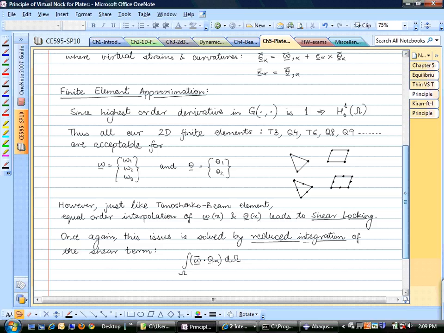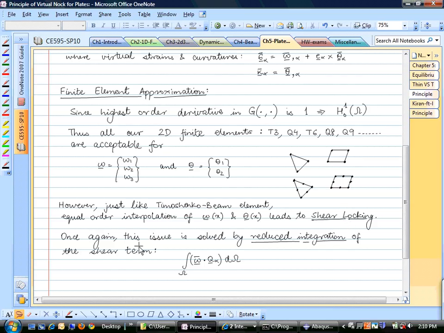But just like the Timoshenko beam element, if you use equal order interpolation for W and theta, meaning let's say if you choose the 3 nodes to interpolate W and you choose the same 3 nodes to interpolate theta, what you will see is the phenomenon called shear locking. For very thin plates, once again the shear is proportional to W prime and theta. So if you choose equal order interpolation for these W and theta, that leads to shear locking.